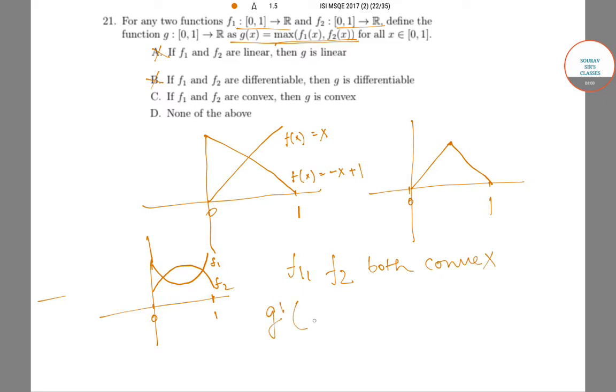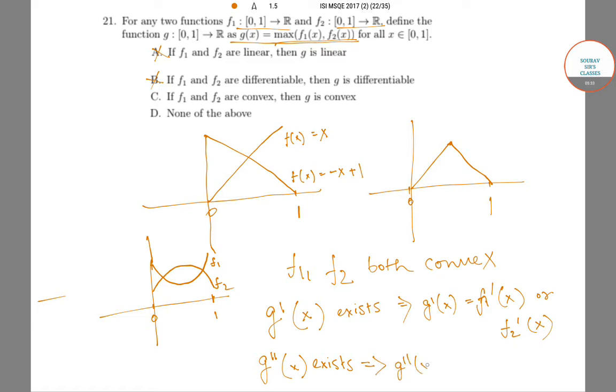if g is differentiable at a place, if g prime x exists, it implies that g prime x is equal to f1 prime x or f2 prime x. Similarly, g double prime x exists implies g double prime x is equal to f1 double prime x or f2 double prime x.